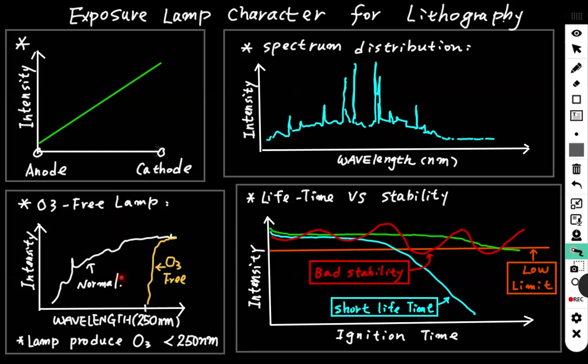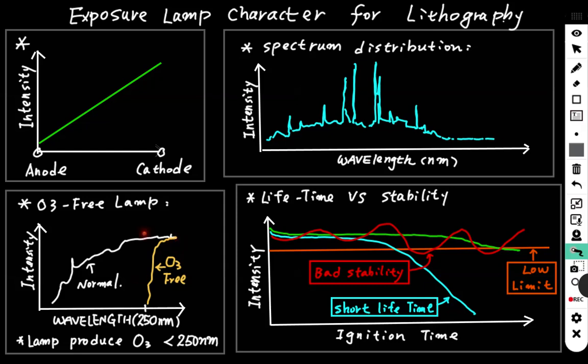And if we don't need this period of light, the lamp can let this period disappear by making the lamp to avoid ozone producing.